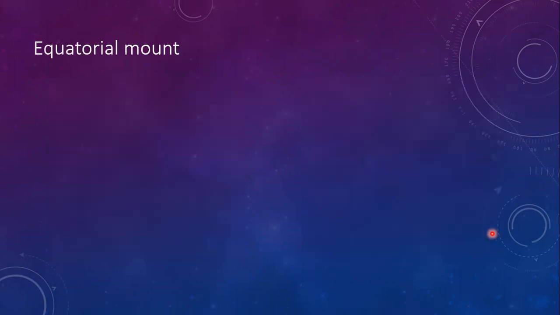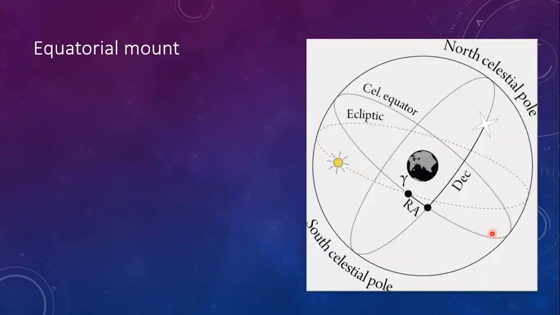To counter this, we need an equatorial mount. Now, you may know that the rotation of the Earth is on the right ascension axis. There are two celestial axes, declination and RA. These are analogous to the longitude and latitude on Earth.